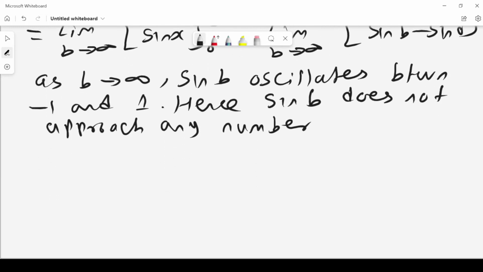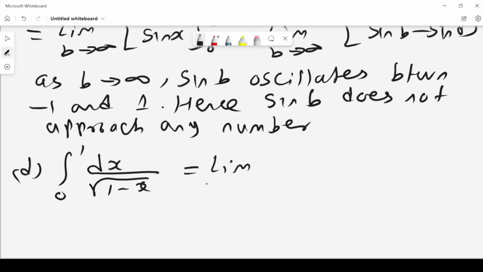And then finally, if we have an improper integral given by the integral from 0 to 1 of dx all over the square root of 1 minus x, where we have a discontinuity at x equals 1, it's the limit as b tends to 1 of the integral from 0 to b of dx over the square root of 1 minus x.